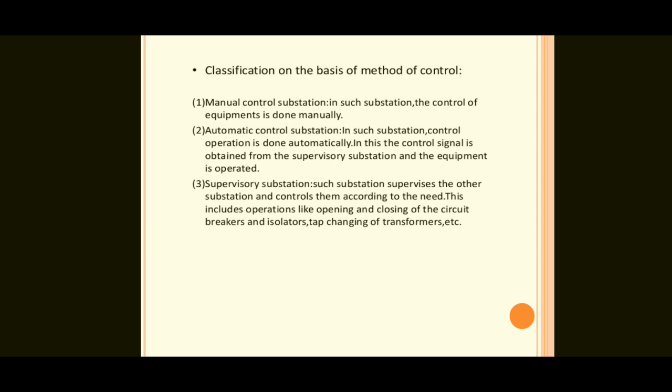So here is the classification on the basis of method of control. Manual control substation. In such a substation, the control of equipments is done manually. Automatic control substation. In such a substation, control operation is done automatically.